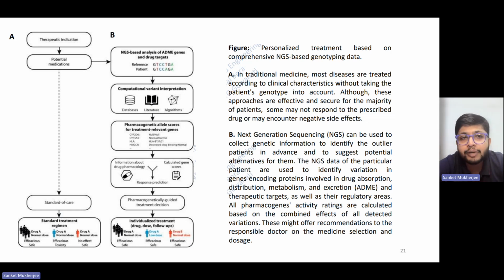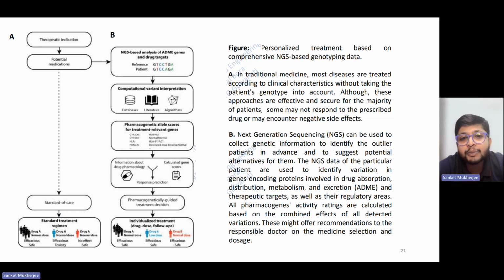In traditional medicine, most diseases are treated according to the clinical characteristics without taking account of the patient's genotype. Although these approaches are effective and secure for the majority of patients, some may not respond to the prescribed drug or may encounter negative side effects. Next generation sequencing can be used to collect genetic information, to identify the outlier patients in advance, and to suggest potential alternatives for them.